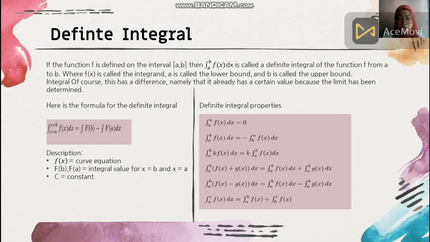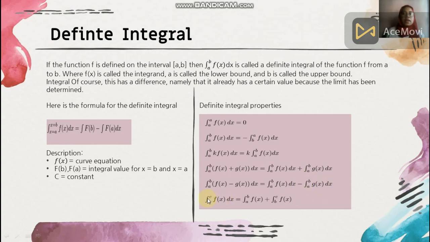The integral from a to b of (f(x) plus g(x)) is equal to the integral from a to b of f(x) plus the integral from a to b of g(x), and the integral from a to b of (f(x) minus g(x)) is equal to the integral from a to b of f(x) minus the integral from a to b of g(x).